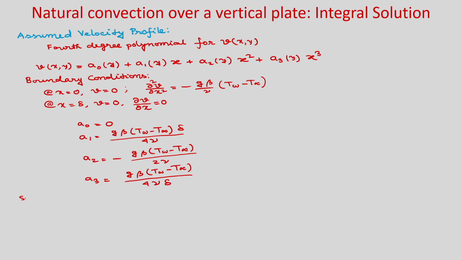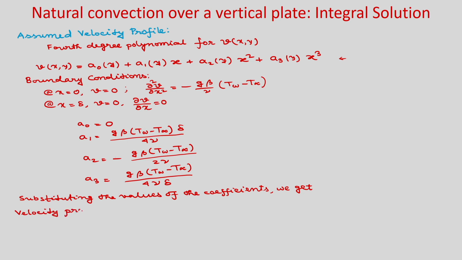So, substituting the values of the coefficients, we get, okay, the velocity profile as V is equal to g beta (T w minus T infinity) divided by 4 nu delta, times x, times 1 minus 2 x by delta plus x square by delta square.